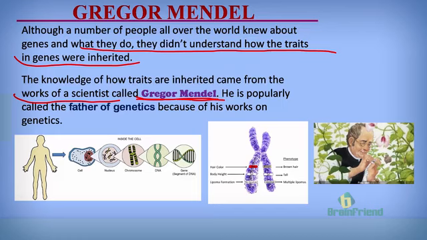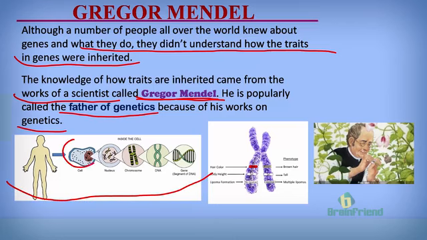Gregor Mendel is popularly called the father of genetics. So whenever you hear the name Gregor Mendel, think of genetics. He's popularly called the father of genetics because he discovered the knowledge of how genes are inherited from parents.